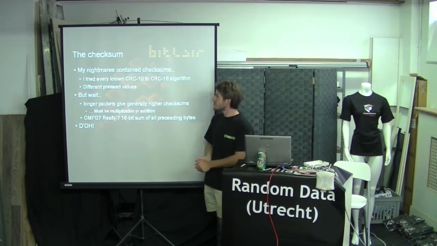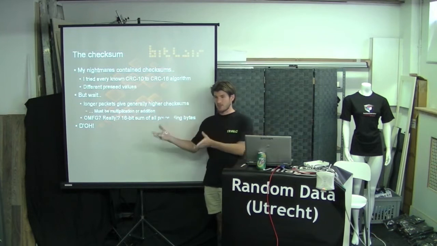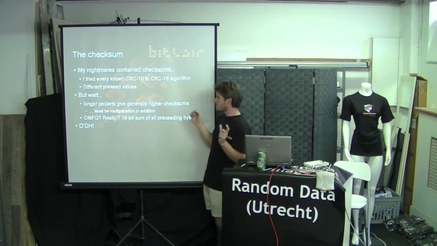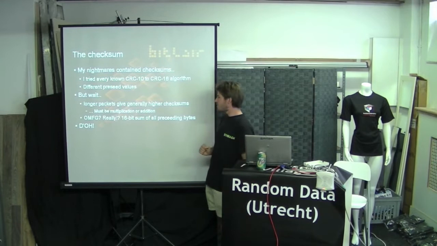Took me 2 days. I tried every CRC10 to CRC16 algorithm with different presets, different XORs. Nothing worked. And then I just went like, what if I just compare the messages and put the checksum in? And so I noticed that longer packets generally give higher checksums.